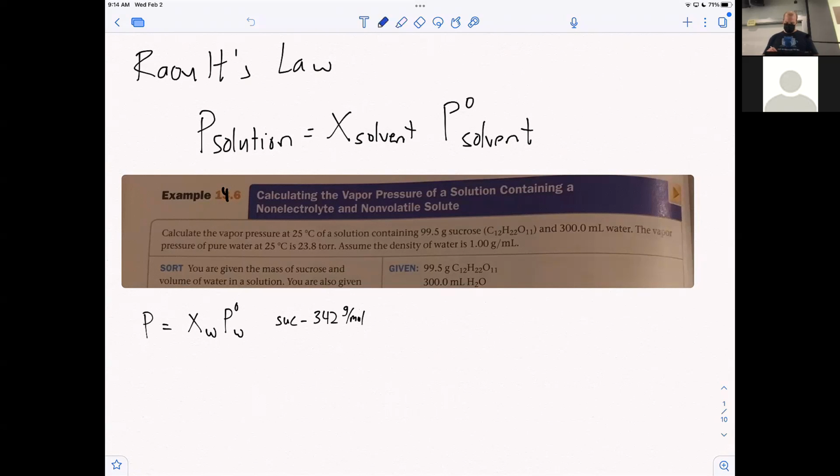So what this means, we have 300 grams of water, so we need the mole fraction of water. X is the mole fraction of water.